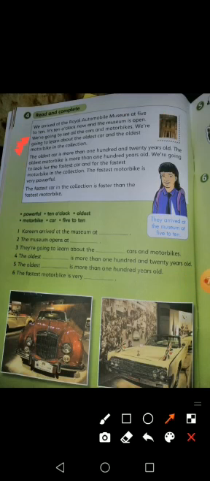We are going to learn about the oldest car and the oldest motorbike in the collection. So they are going to know more about two things. The first one is the oldest car, and the second one is the oldest motorbike in the collection, okay?